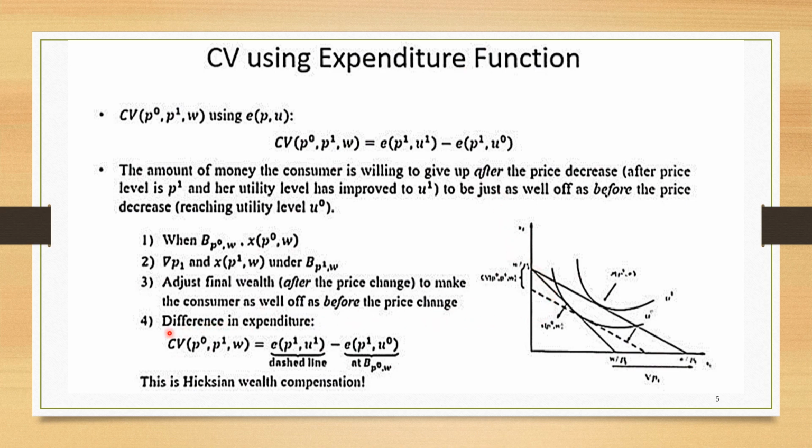So finally the difference in expenditure, CV as a function of P0, P1, W, equals the dashed line minus B(P0, W), which is our initial budget line. So this is the CV, which is also known as Hicksian wealth compensation.